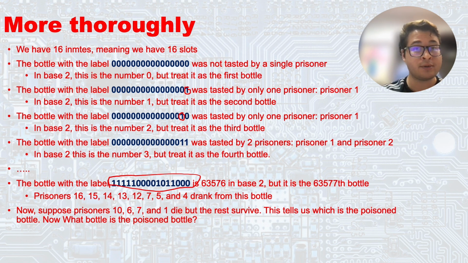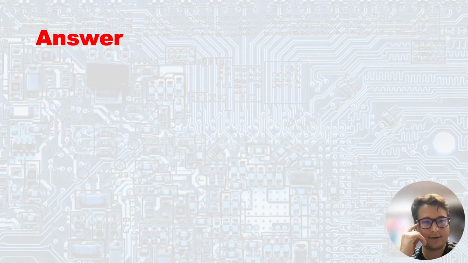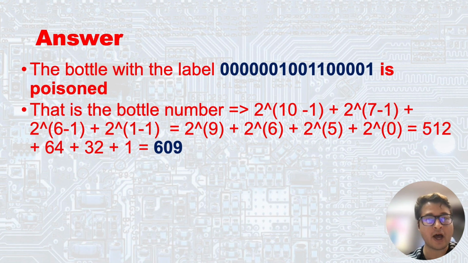Because we go from 0 to 63,576. Now, suppose that prisoners 10, 6, 7, and 1 die, but the rest survive. This tells us which is the poisoned bottle. What bottle do you think is the poisoned bottle? Now, drum rolls. Yes, you guessed it, the answer is 609.